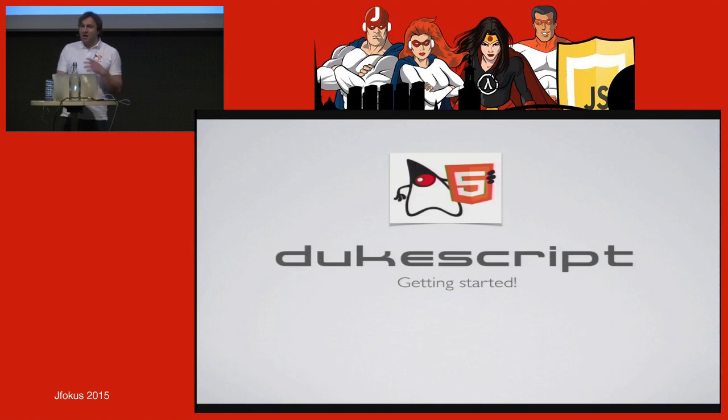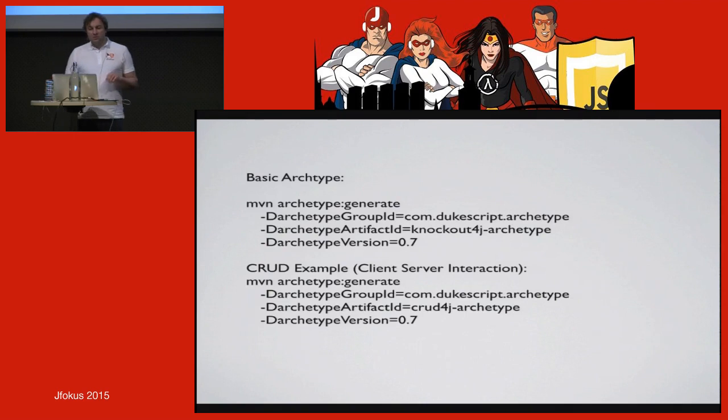Okay. So how do you get started? How can you create a project with it? So we provide some basic archetypes. The first one is really a very, very simple application. I think I can show it on here.